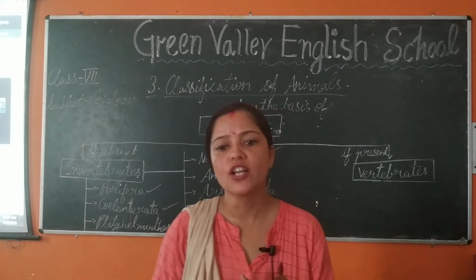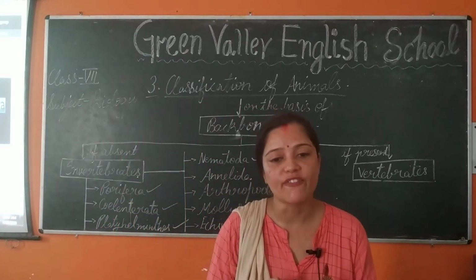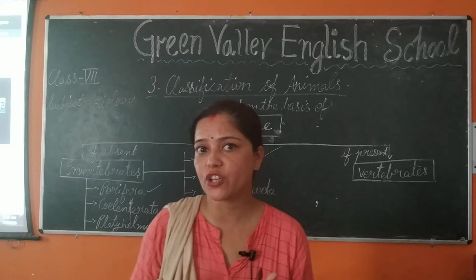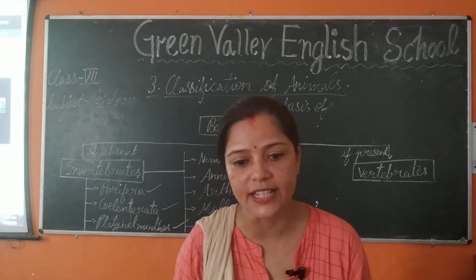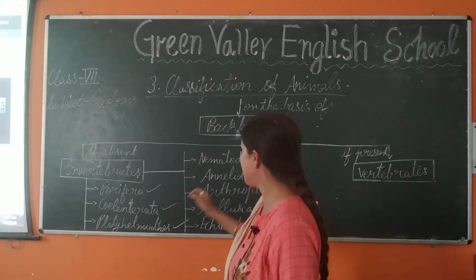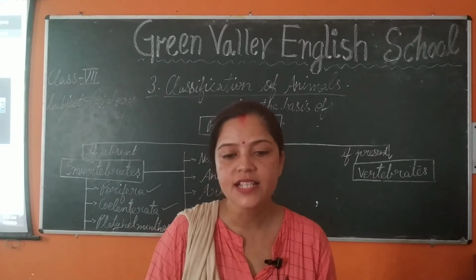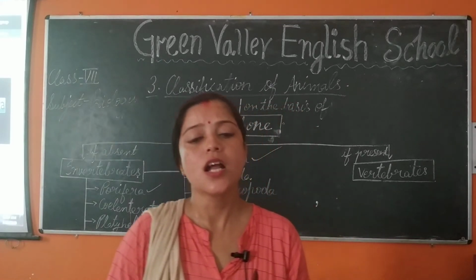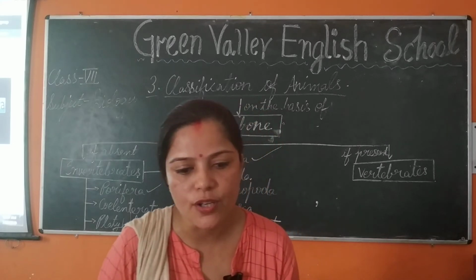For excretion, they have special organs called nephridia. Examples of Annelida are earthworm and leech.